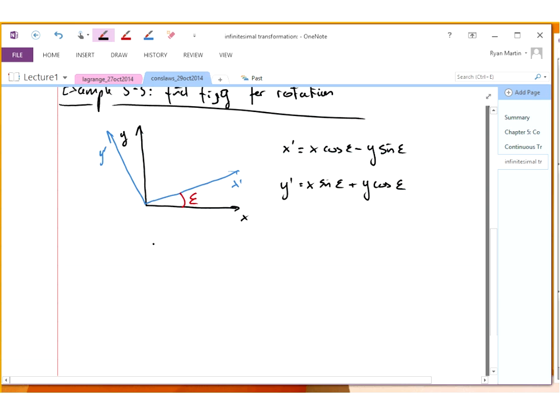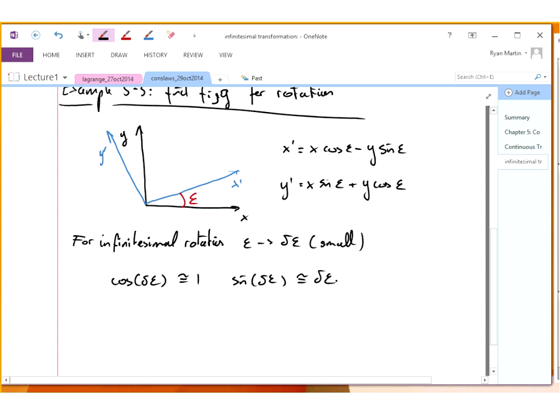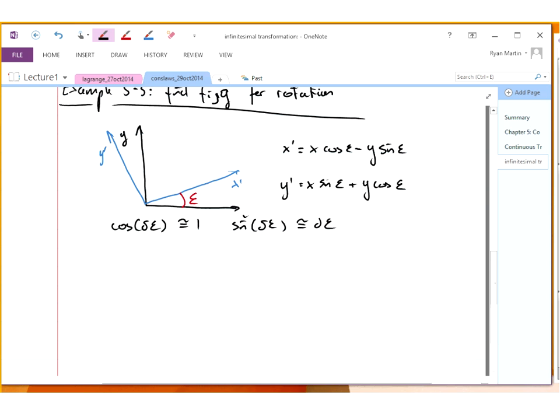Okay. So for an infinitesimal rotation, we go from epsilon to delta epsilon, and delta epsilon is very small. So cos of something very small is roughly equal to 1, and sine of something very small is roughly equal to something very small.